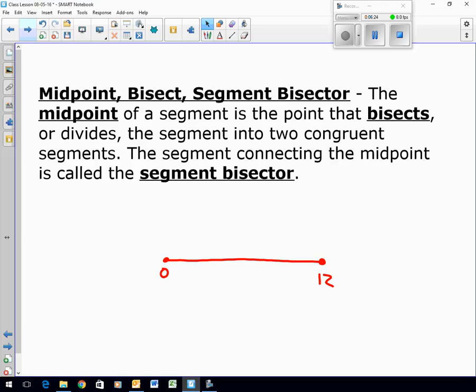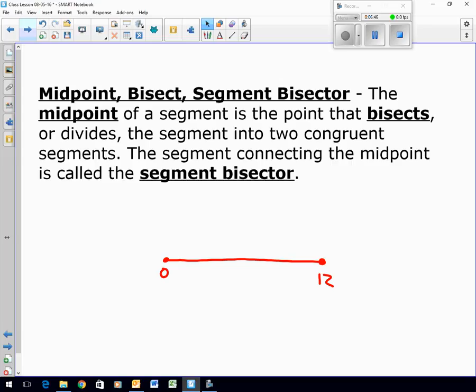If I asked you to find the midpoint of that ruler, where would the midpoint be? 6. Perfect. How did you get 6? You took 12, divided it by 2, correct? You take your total length, find your midpoint, take your total length, divide by 2. It really is that simple.